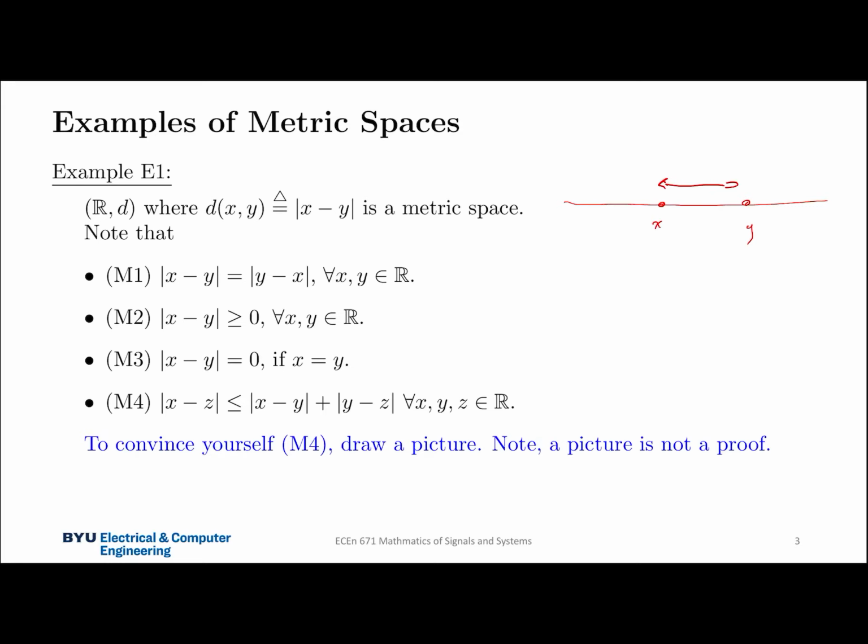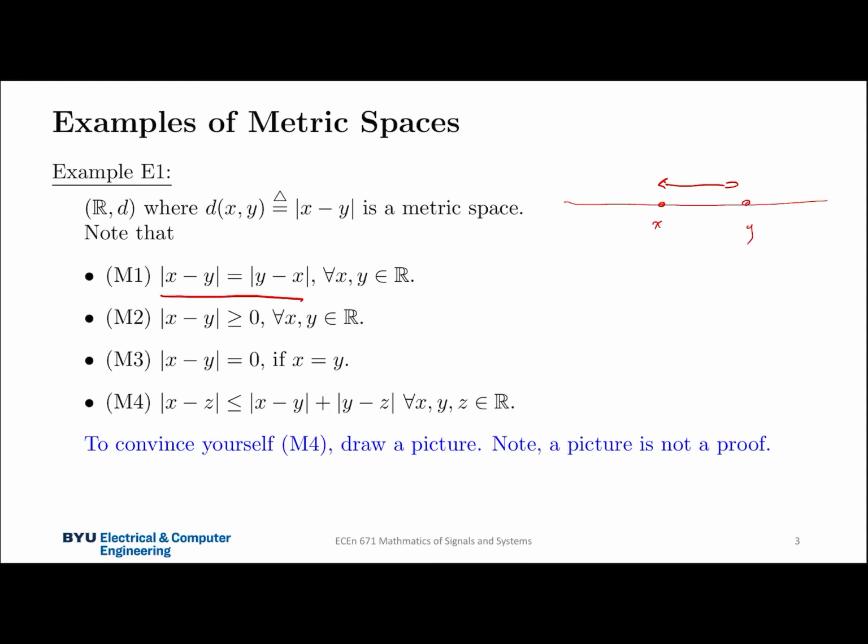And you can see clearly that the first property holds because the distance between x and y doesn't matter because of the absolute value. It doesn't matter whether you write x minus y or y minus x. The second property holds because the absolute value, of course, is always positive, and so it's greater than or equal to 0 for every x and y in the real numbers.